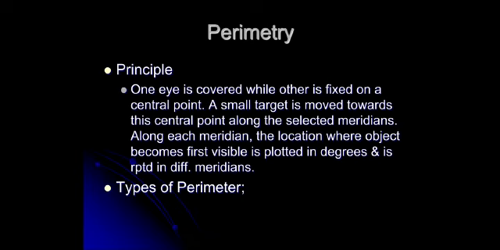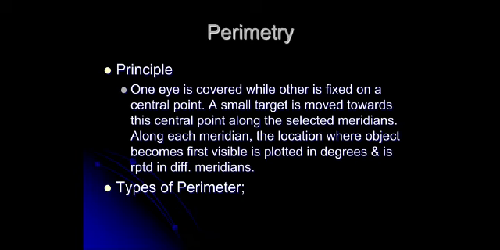So we need to understand that the part of the external world visible to a person when he fixes his gaze on an object is called the field of vision. The method of charting the field of vision is called perimetry. The field of vision charted with one eye while the other eye is closed gives the field of vision for that eye. One eye is covered while the other is fixed on the central point.